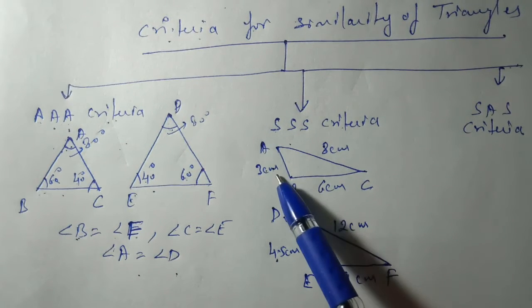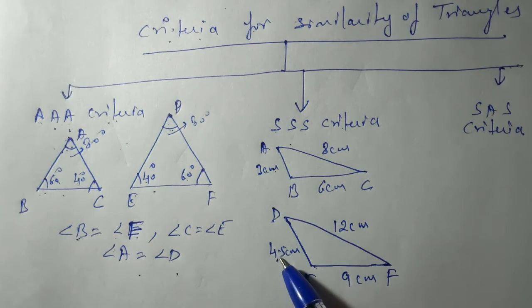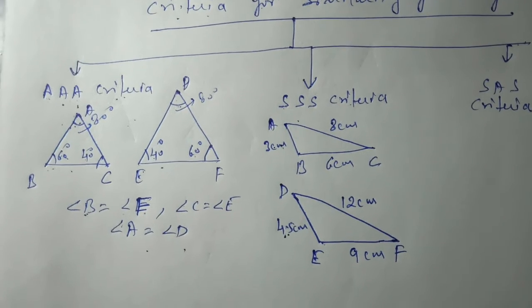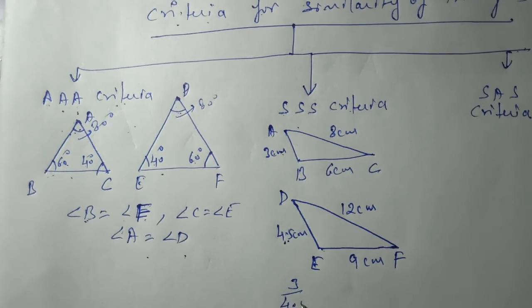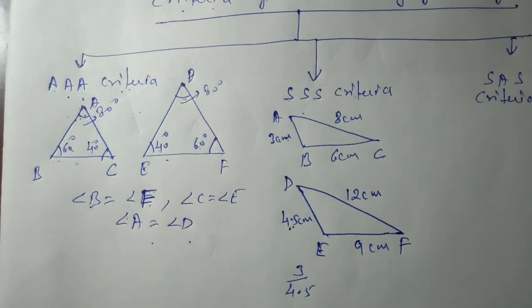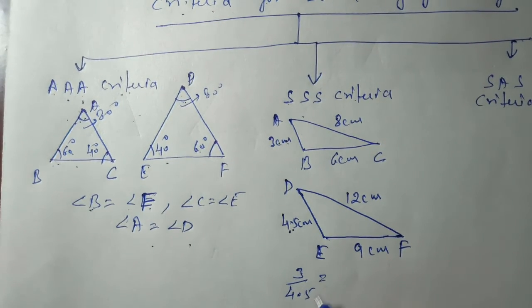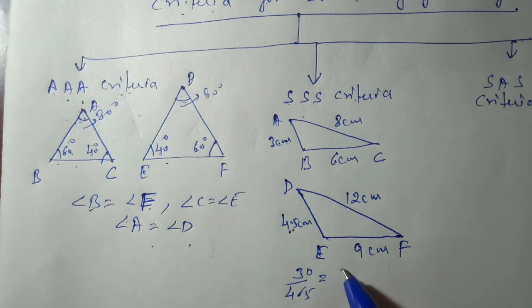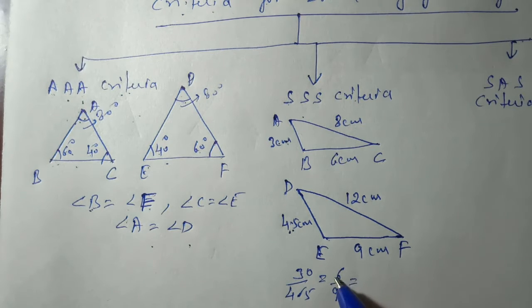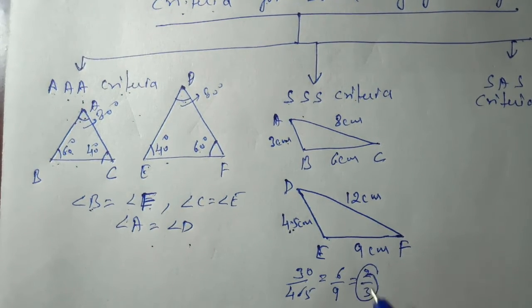Then if we divide 3 by 4.5, what are we going to observe? 3 upon 4.5. If we solve it, multiplying by 10, it becomes 30 upon 45. Again with the table of 3 it will be cancelled: 3 twos are 6, 3 threes are 9. So it is equal to 2 upon 3.